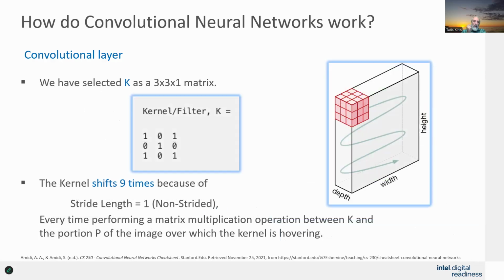What they're trying to show us now is that when we're working with a matrix, and we want to cover a certain amount of depth on it, it will move a certain number of times. And typically when we're doing a stride, it's going to be set to 1. We want to shift 1 at a time, because that way it becomes really methodical and follows a pattern that makes sense. So it says every time performing the matrix multiplication between K and a portion P of the image, the kernel is hovering.